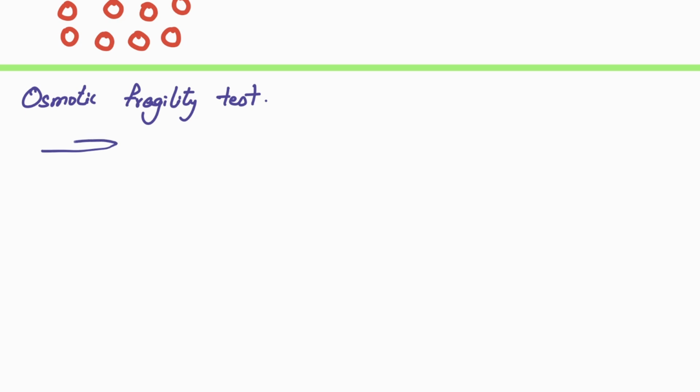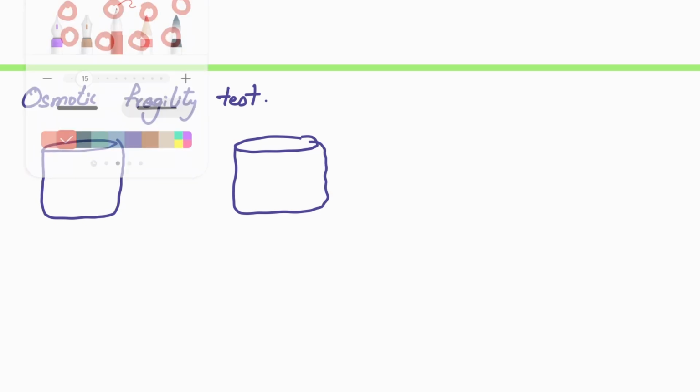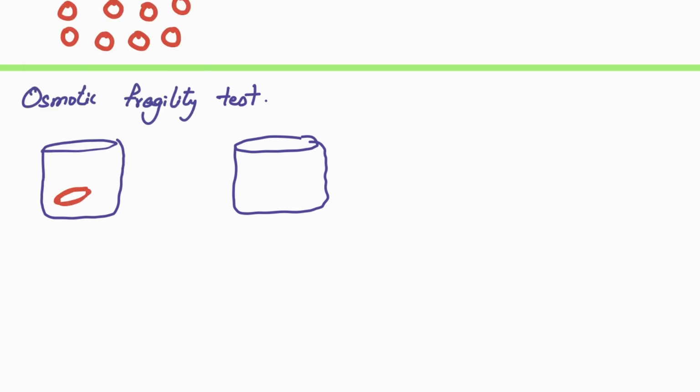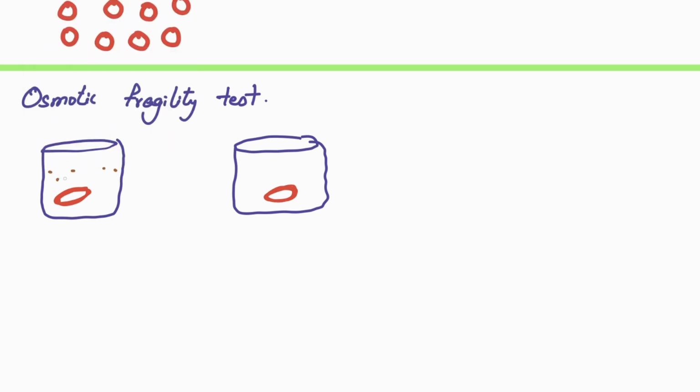Okay, for example, this is a beaker and this is another beaker. Here in the two beakers we added RBCs. Okay, in the first one the solution I added is hypertonic and the second one the solution I added is hypotonic.